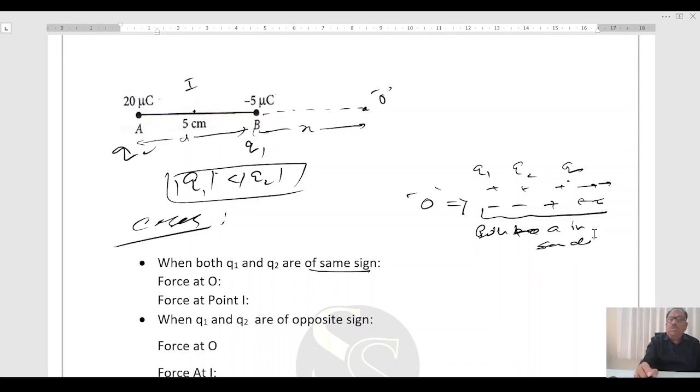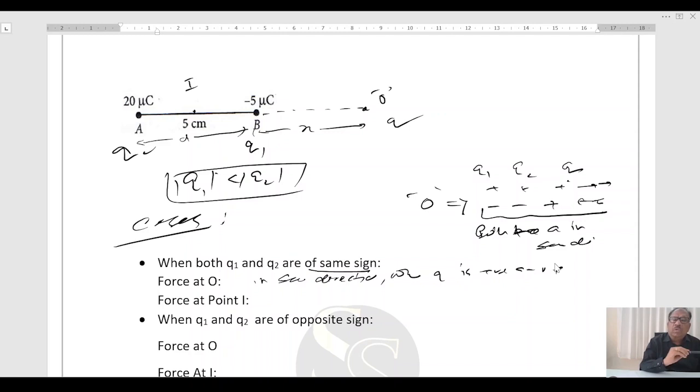So when both Q1 and Q2 are of the same sign, the force at O is in the same direction, whether Q is positive or negative.